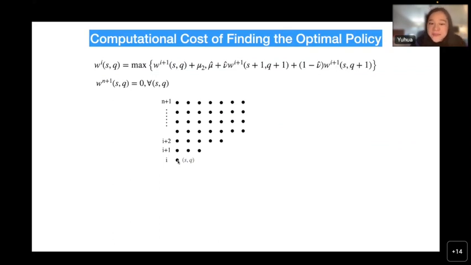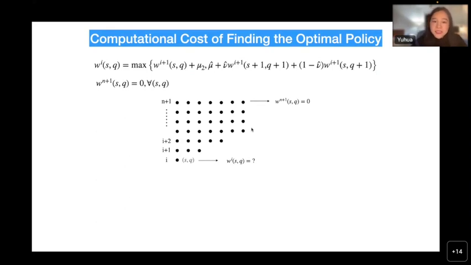This means that if you want to calculate the function's value at round i at S and Q, you need the function's values at round i plus 1 at these 3 points. And then in order to calculate these 3 points, we need to go backwards until we reach the final round, where we know the function value is equal to 0.